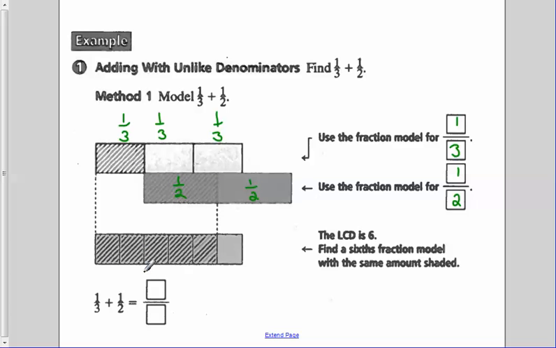Between each of those, we have 1, 2, 3, 4, 5 that are shaded that they both share. So 1/3 plus 1/2 would be 5/6, because we are using the common denominator of 6.